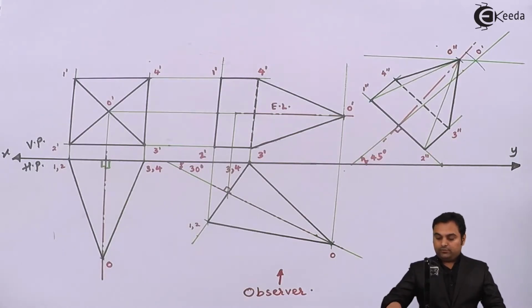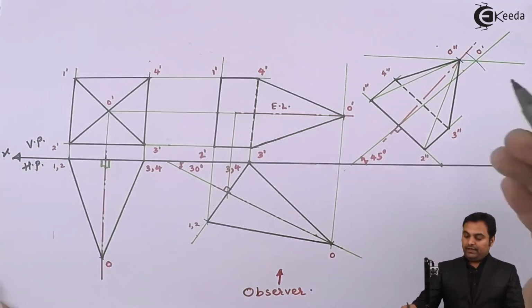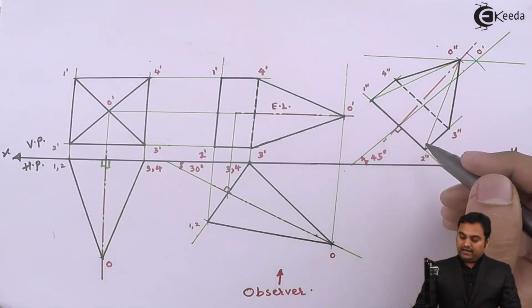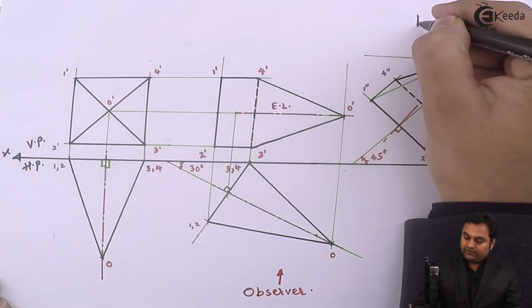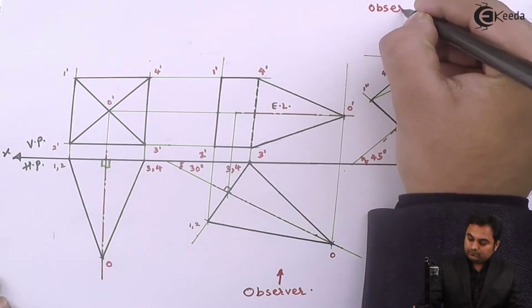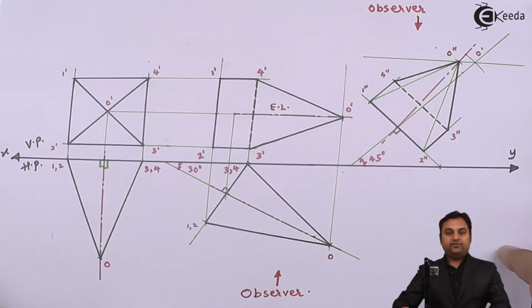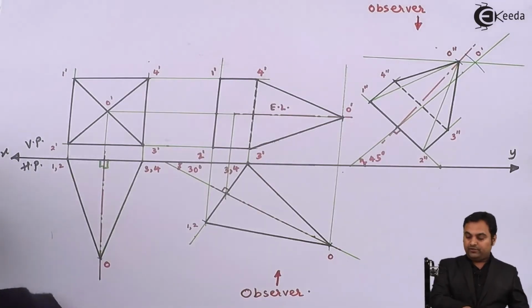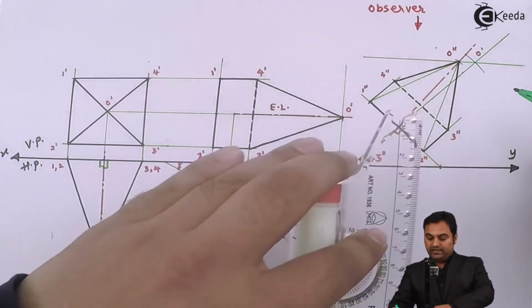So after projecting or getting this solid pyramid, next I'll draw its top view, and for that the observer is here. Now those points need to be projected first which are closer to the observer. So if I see from top, apex is closer, that is O double dash.